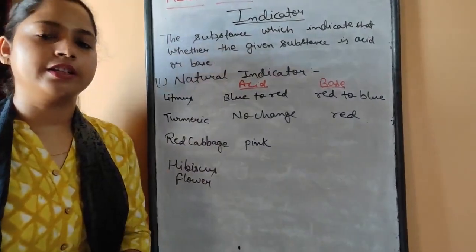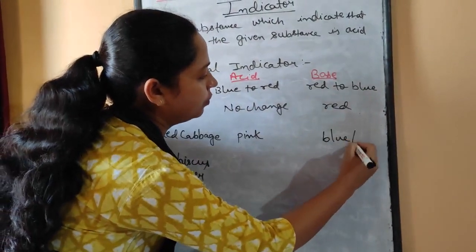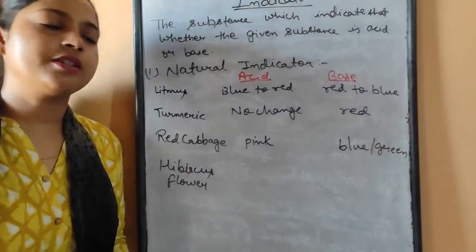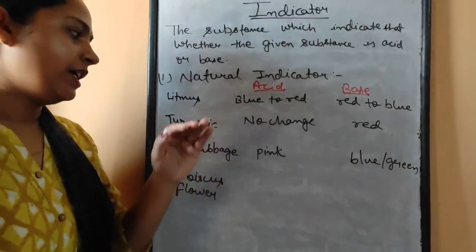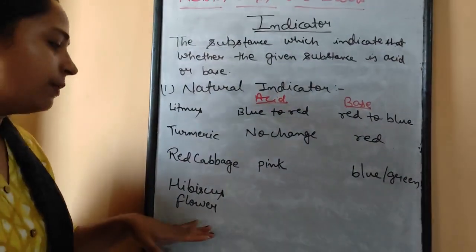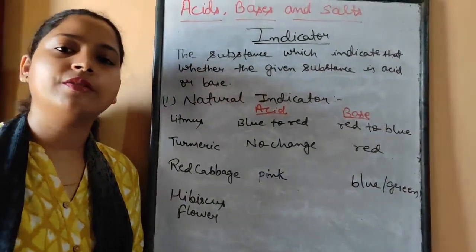Now if we use red cabbage, in acid this red cabbage juice turns to pink, or we can say light red, and in bases it turns to blue or green. Bluish green type of color appears when we add a base in red cabbage juice. Next one is hibiscus flower. Hibiscus flower, China rose flower, is a very common flower.